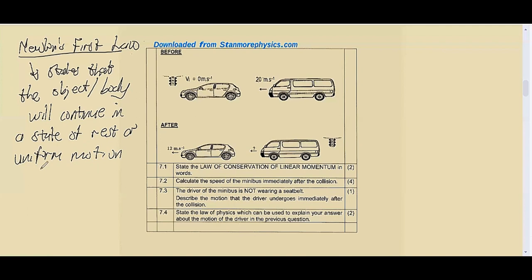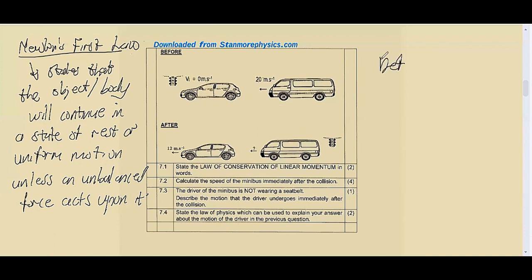So in a state of rest or uniform motion, unless an unbalanced force acts upon it. Right. So that's how you define Newton's first law. States that the object or body will continue in a state of rest or uniform motion unless an unbalanced force acts upon it.